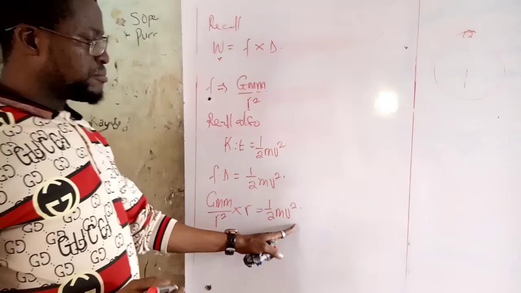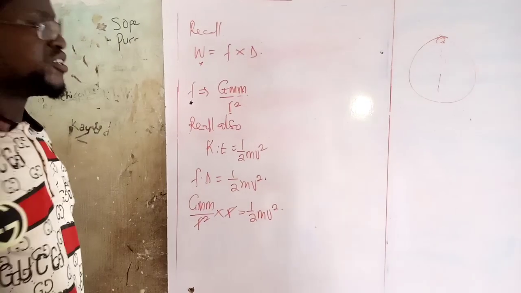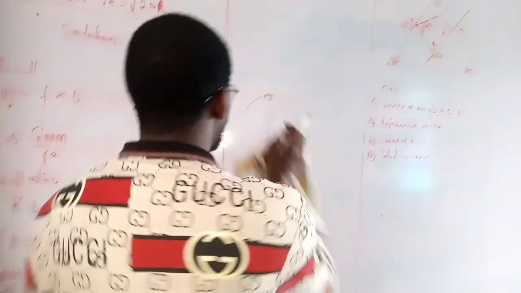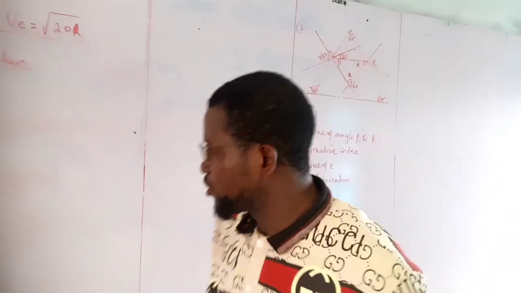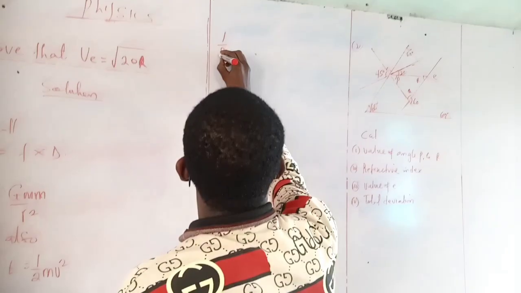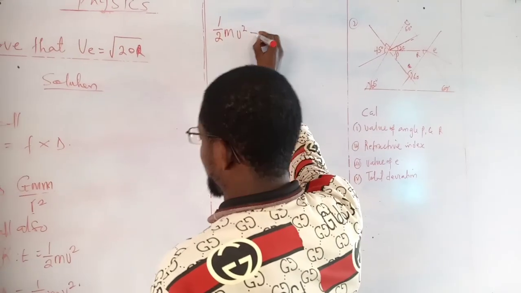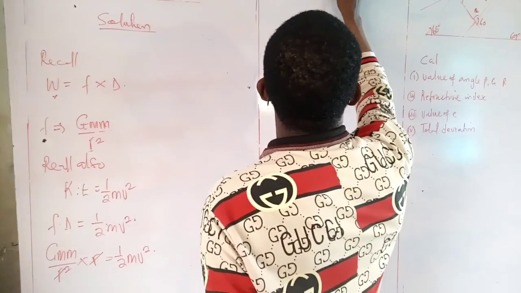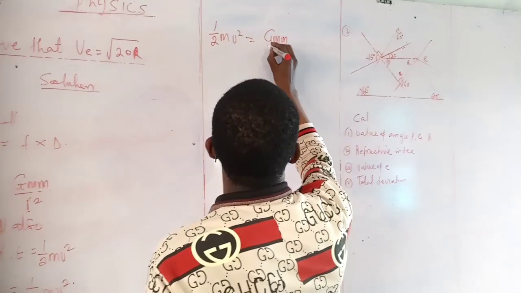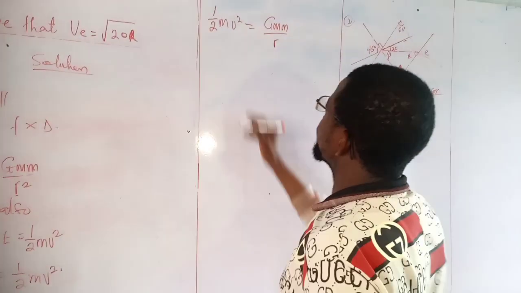So here we try to make v the subject of the formula. First let's go for this and this. When one of the distances cancels the other, I'll be having half mv squared equals Gmm over r. One of the r is already cancelled.